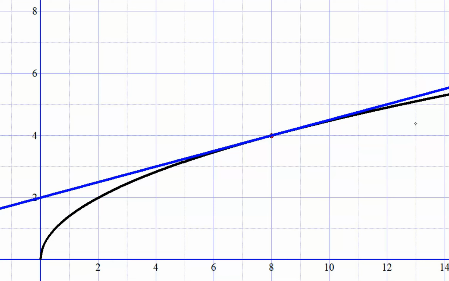And the slope of this tangent line is the derivative of the function f of x equals the square root of 2x. So our task here is to find the equation of that tangent line.